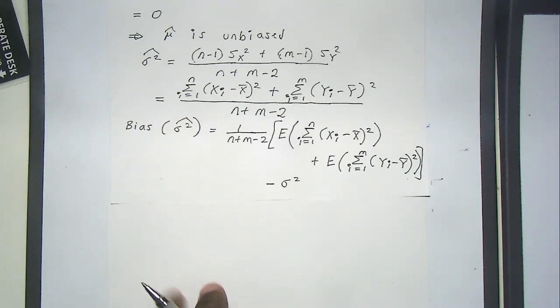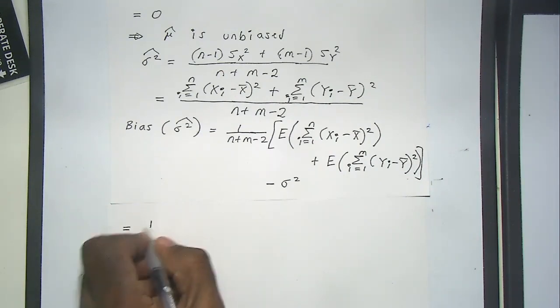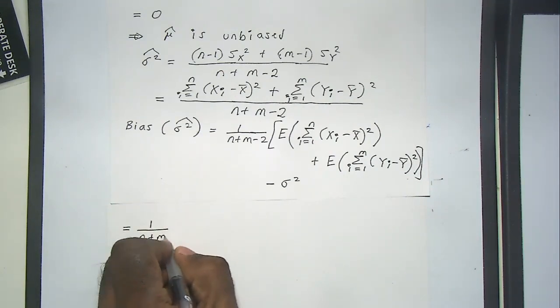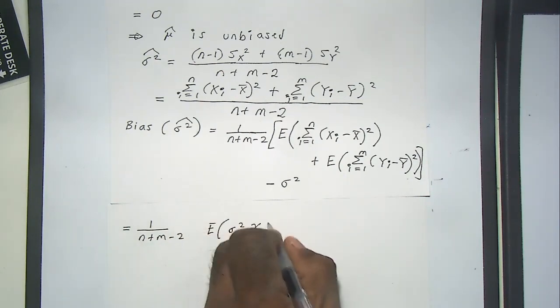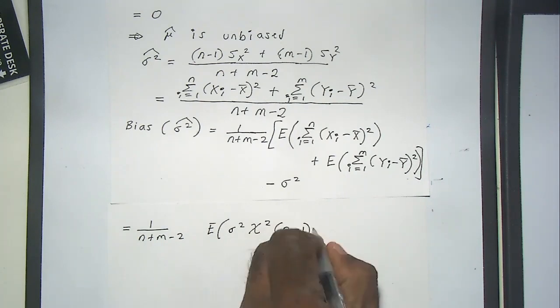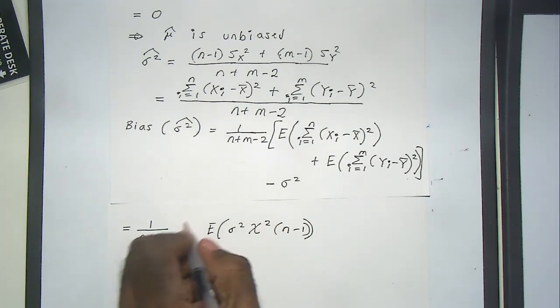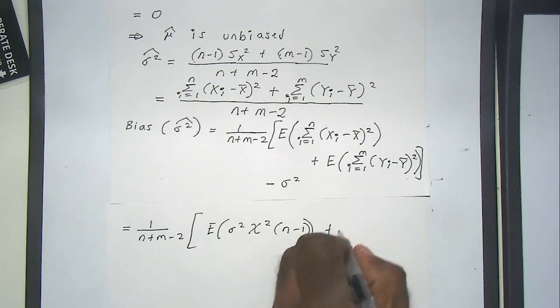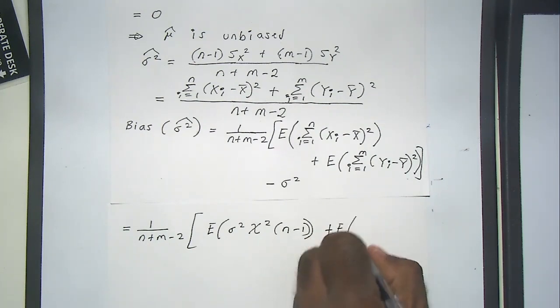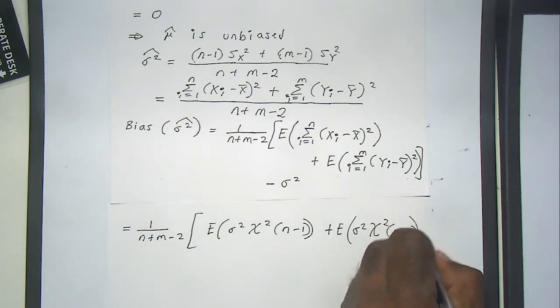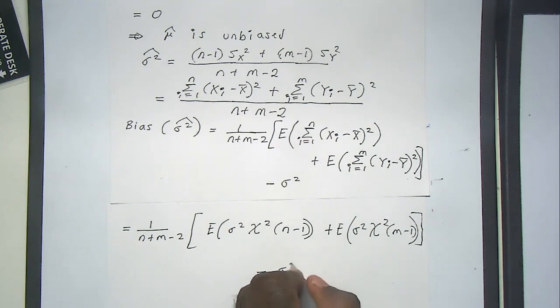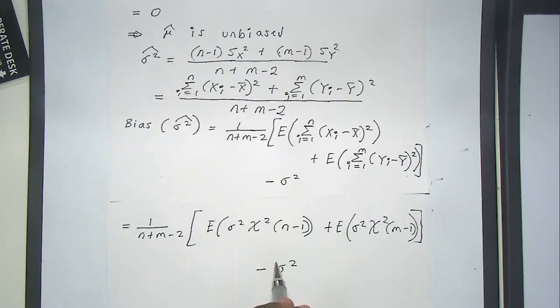Alright, let me write it down if you don't remember. This is equal to the expectation of sigma squared times the chi-squared variable with n minus 1 degrees of freedom. And the second term is the expectation of sigma squared times the chi-squared variable with m minus 1 degrees of freedom. Right, and then you subtract sigma squared. Do you remember this? This is one of the properties I mentioned in the class.